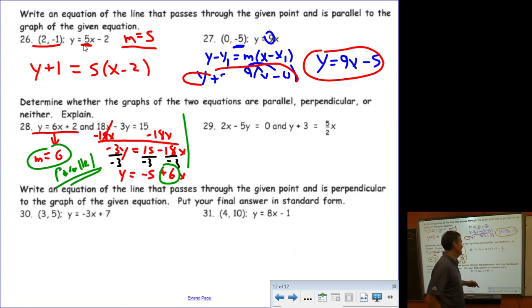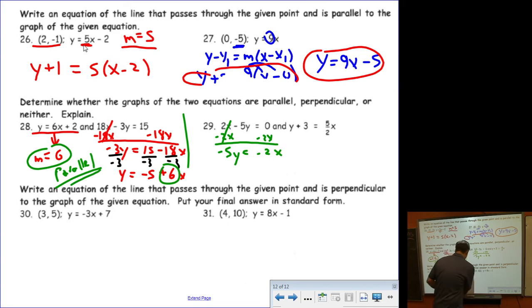Number 29. All right, I need to figure out the slope of the two lines. This one is not in slope-intercept form, so I'm going to go ahead and put it in slope-intercept form by subtracting 2x from both sides. That gives me negative 5y equals negative 2x.